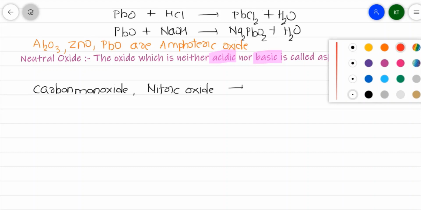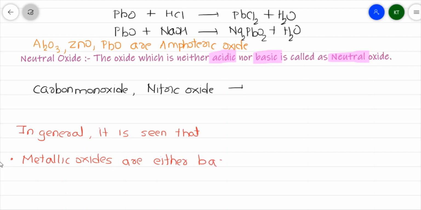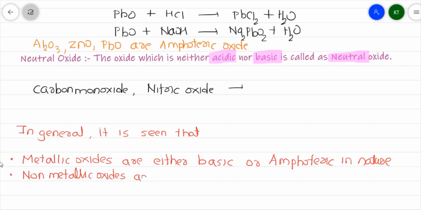Now, in general, what you observe so far, what we have discussed, we conclude. In general, it is seen that metallic oxides are either basic or amphoteric in nature, whereas non-metallic oxides are either acidic or neutral in nature.